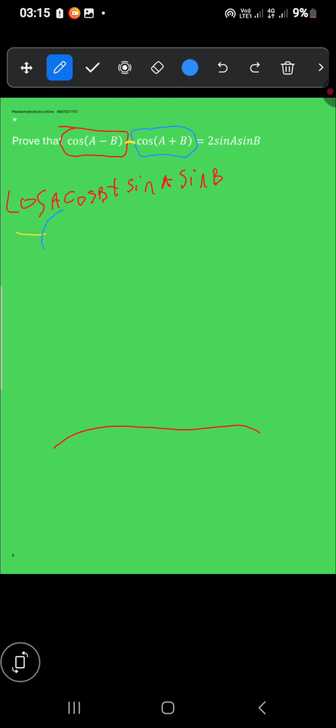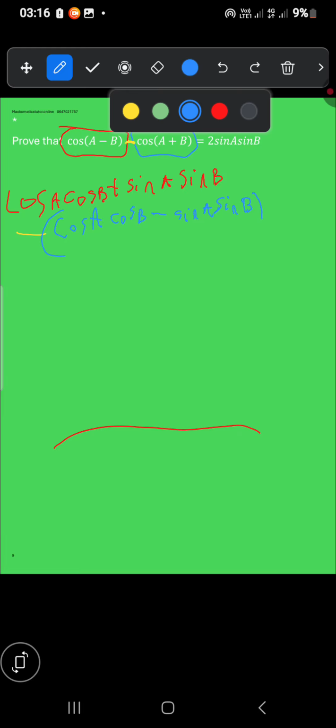The one in blue, let me put brackets because you are subtracting the whole thing. So this is cos a cos b minus sine a sine b. We're dealing with the left hand side now.